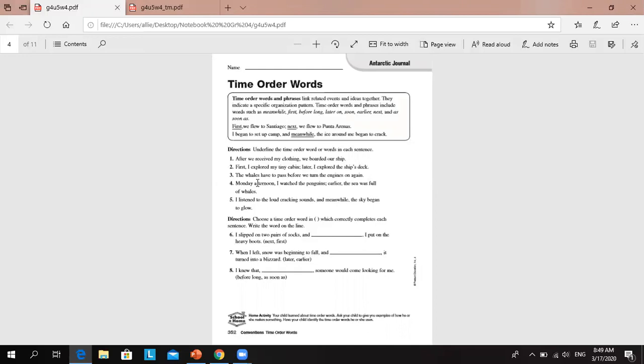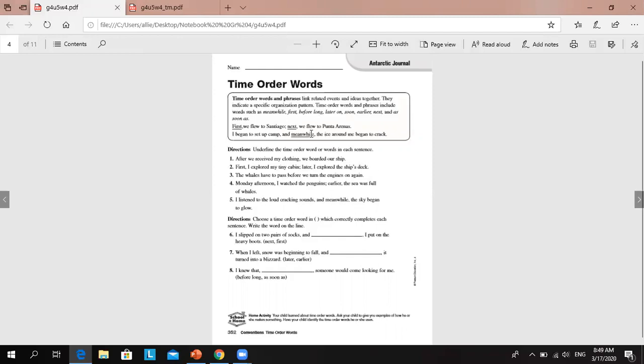If we look at the second sentence, "I began to set up camp, and meanwhile, the ice around me began to crack." In the first part of the sentence, we see that the person was setting up camp at the beginning, and while he was setting up the camp, the ice around him started to crack.